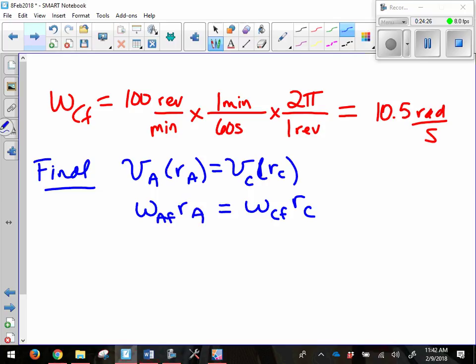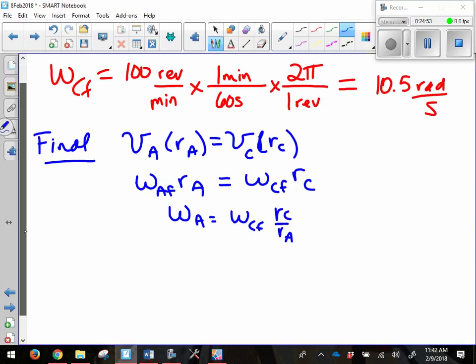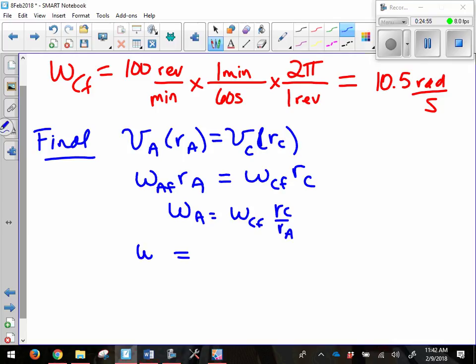So you know 3 out of 4 variables, and the 4th variable is what you're looking for as part of your side trip. So omega AF is going to be omega CF RC over RA. Should be an F there.